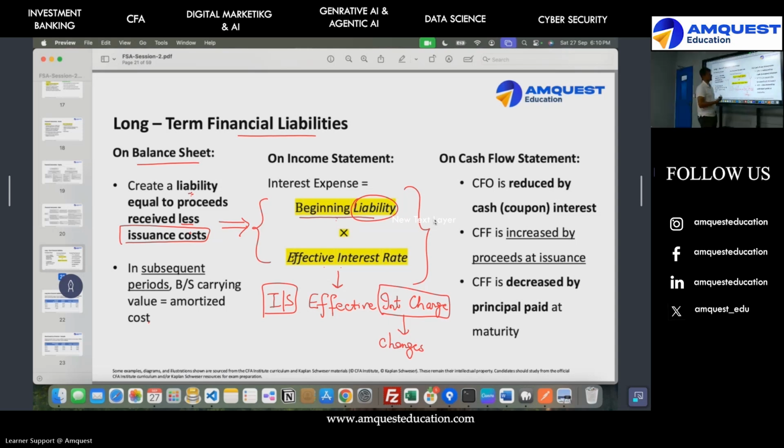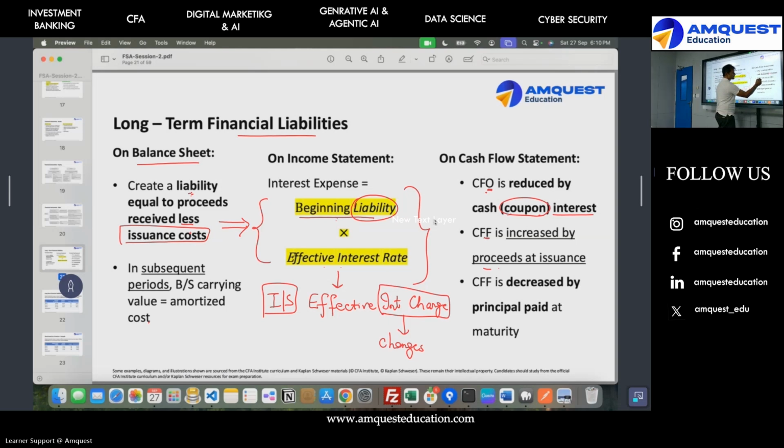Now, obviously, in the cash flow, you will pay interest based on coupon, but the amount of cash flow will be based on the proceeds that you received. You know the cash flow is comprised of three things: CFO, CFI, and CFF. CFO is cash flow from operations, and this will take care of the interest.